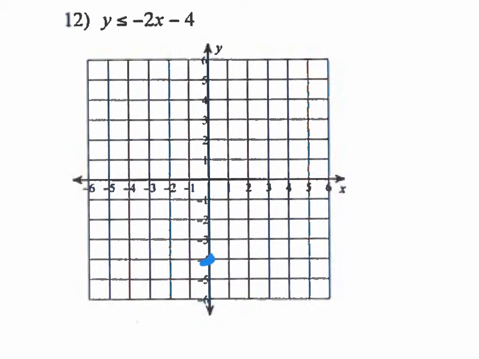I want to go to this point. Or I could go up 2 and back 1 and get all of these points. And this will be a solid line since it's an equal to inequality. And then I can look at the less than sign, put my pencil on the line, and then go down, and that's where I shade. Since it's less than, I go down. So I'm going to shade down here.